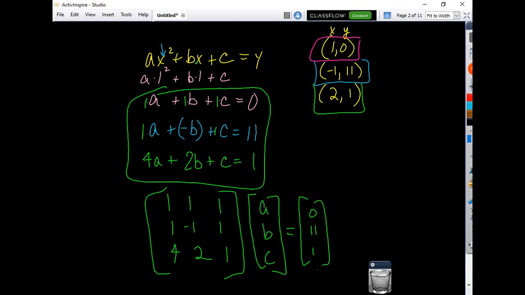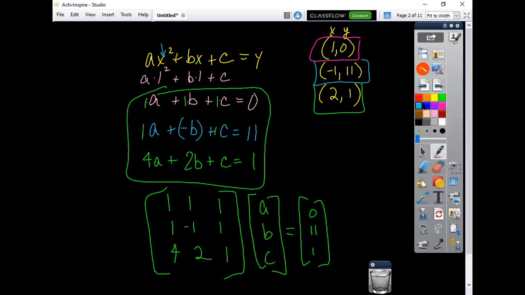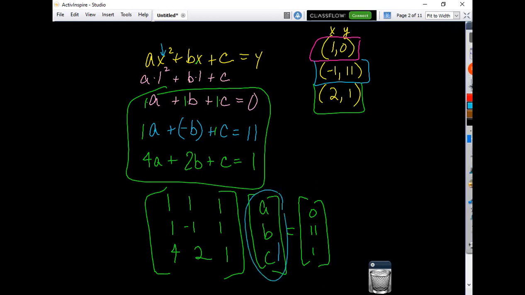So what we're really trying to solve for here are these A, B, and C that are right in here. We want that alone. So what we have to do is get rid of this first matrix. So if we can go into www.desmos.com/matrix, hopefully you can figure out how to use that program.